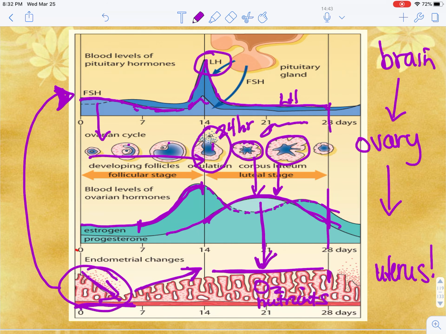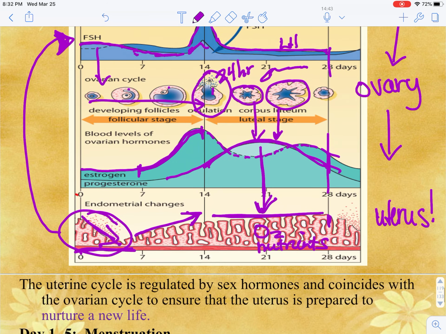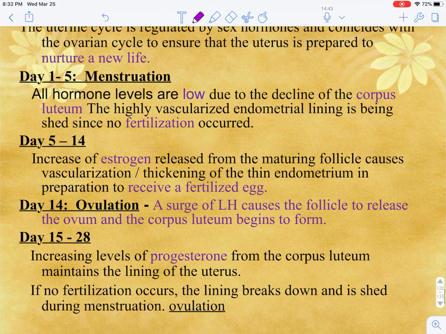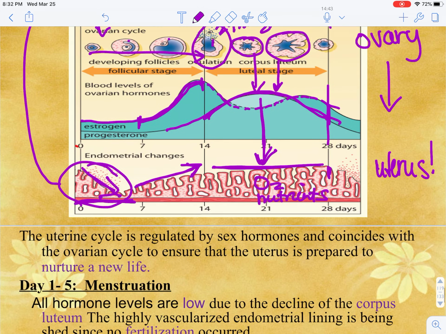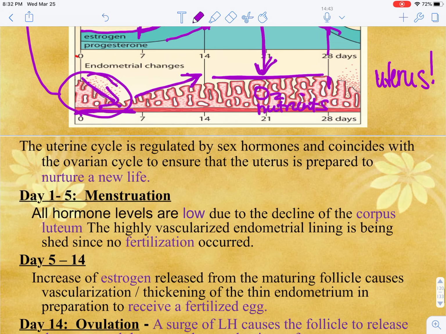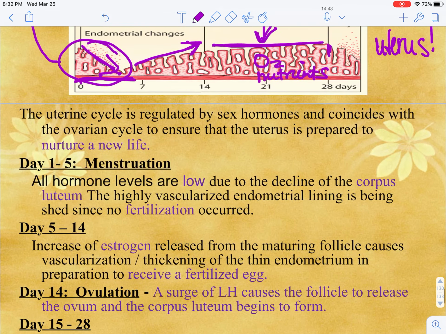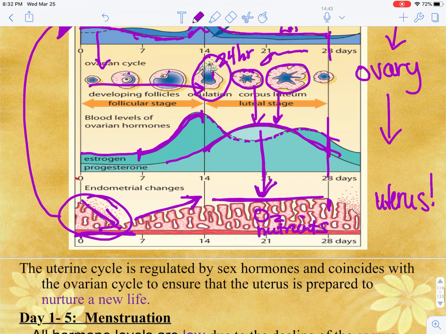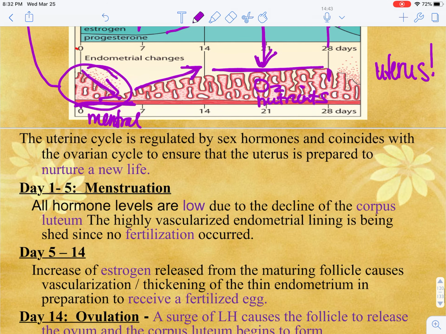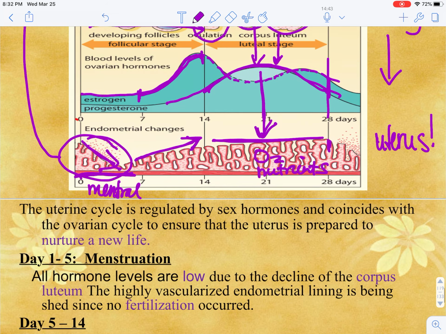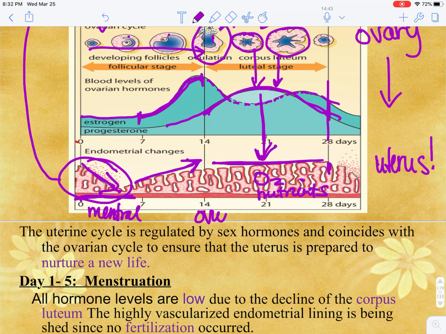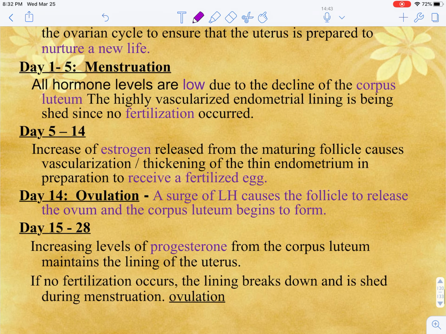So there's a lot happening in this picture, and you can rewind and talk about it again, but these stages are what follows in the notes, just talking about those first 7 days considered the menstrual stage, the day 14 considered ovulation, you must know that.